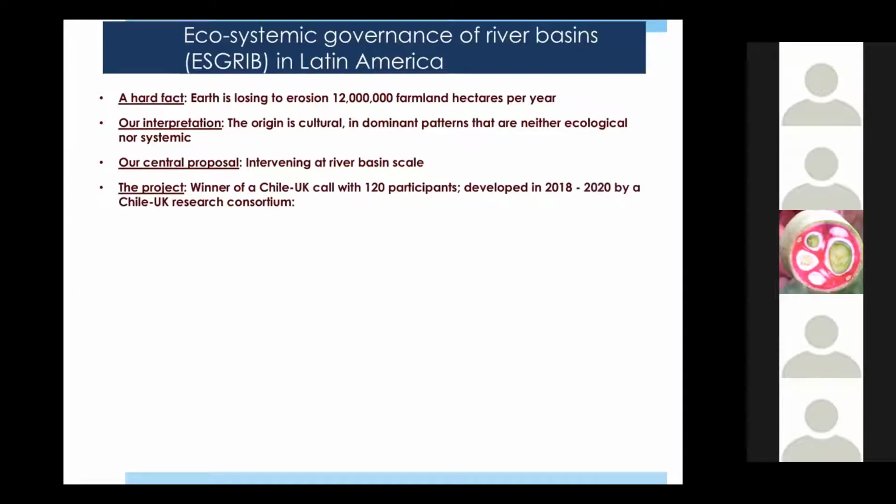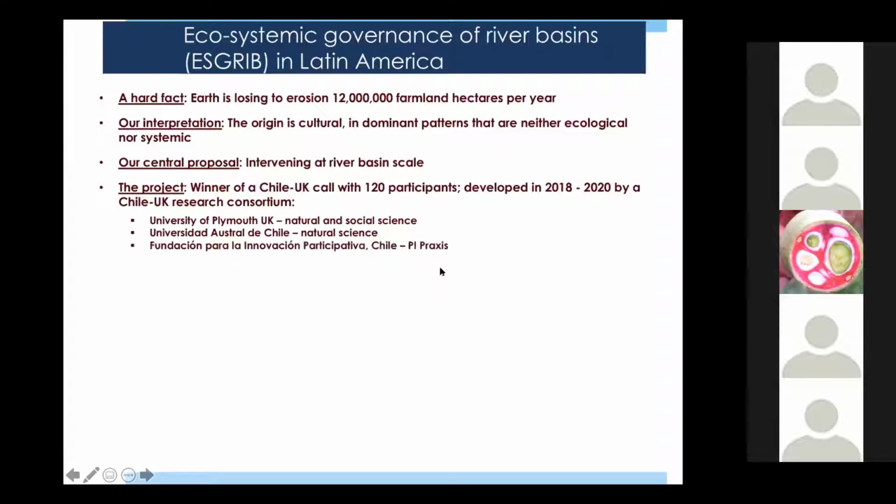The project: we won a Chile-UK call with 120 teams participating and developed it in 2018 through a consortium formed by the University of Plymouth, which supplied natural and social science, Universidad Austral de Chile, natural science, our Foundation for Participatory Innovation in Chile, the PI Praxis, and 3 associated universities in Argentina, Brazil, and Mexico, natural and social science.